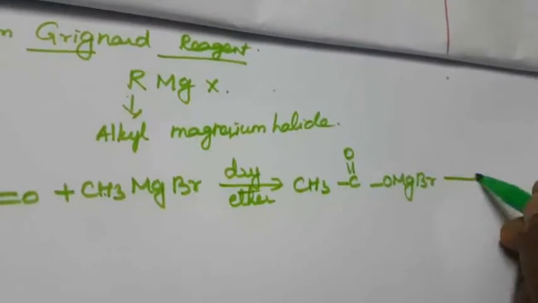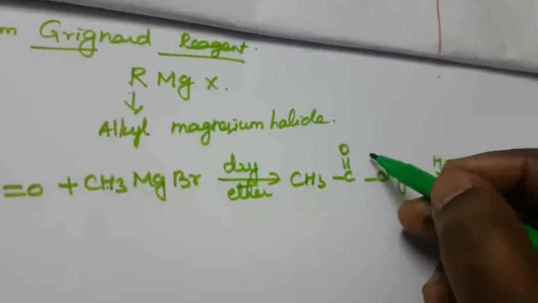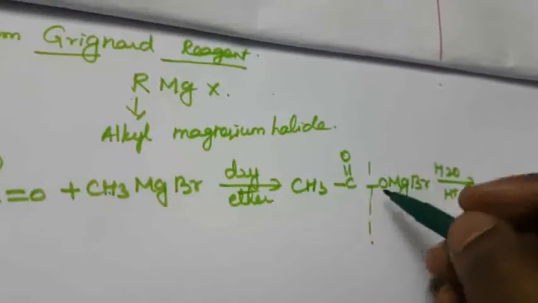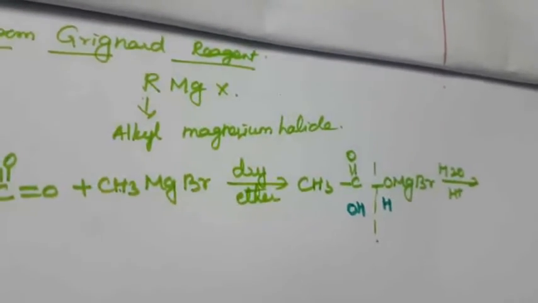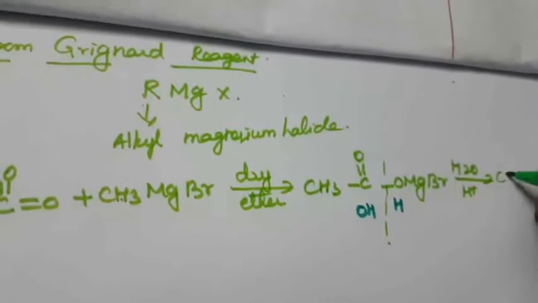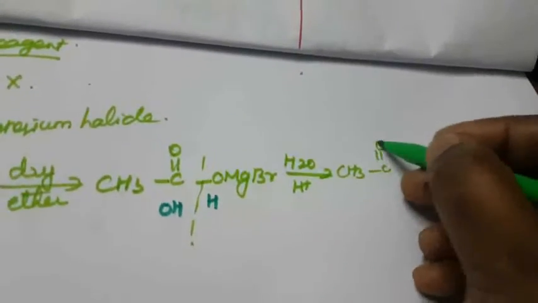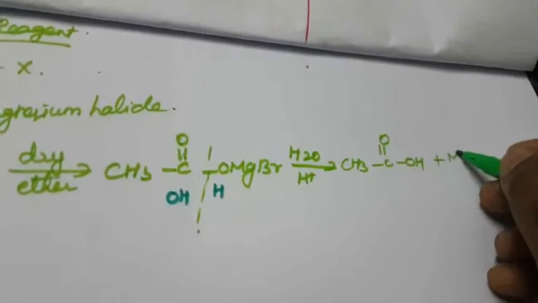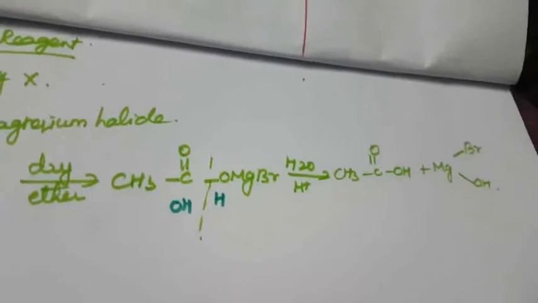Then hydrolysis: the bond breaks, with H and OH added. We get CH3 C double bond O OH, acetic acid, along with Mg with Br on one side and OH on the other.